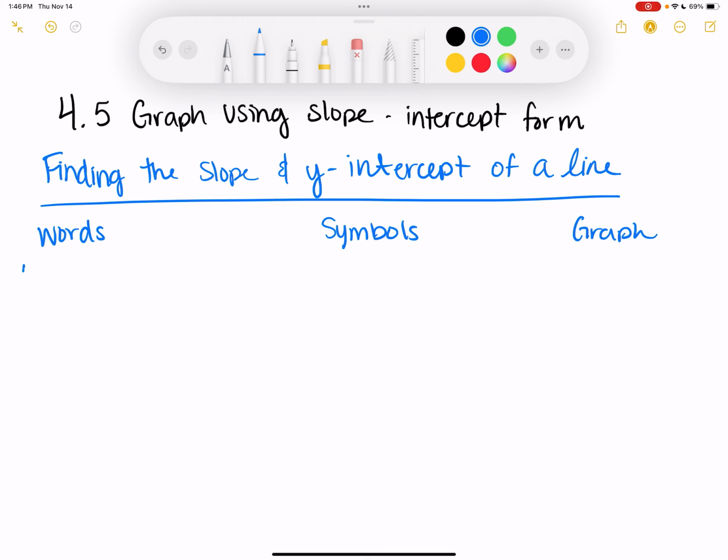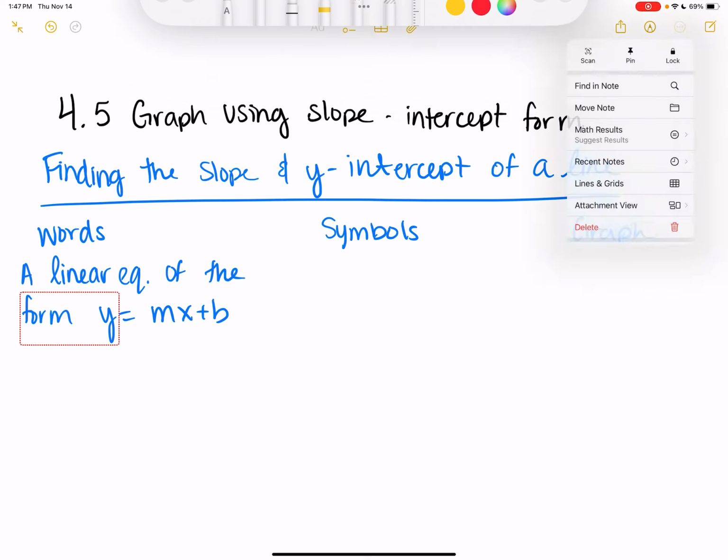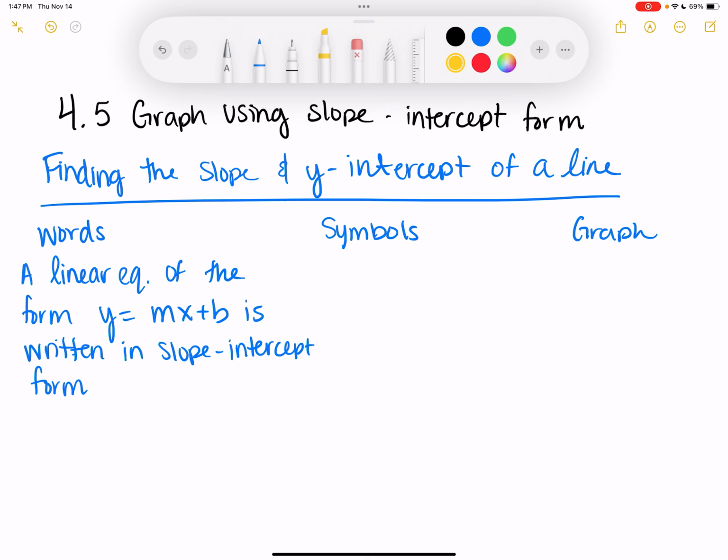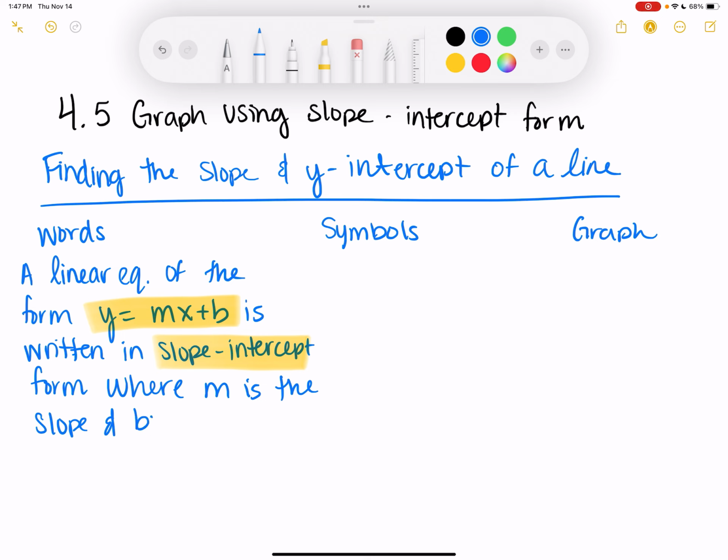So in words, a linear equation of the form y equals mx plus b is written in slope-intercept form where m is the slope and b is the y-intercept of the equation.